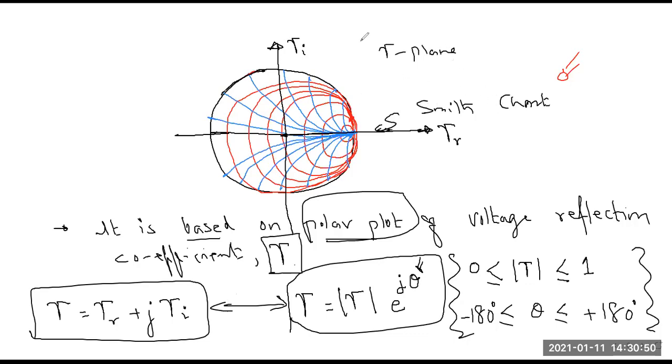The Smith chart is actually plotted on this gamma plane. You have this gamma plane, and on top of that you have a number of circles, and those circles are called the Smith chart. But what is the use of these red circles and blue circles? Right now you may wonder why I'm calling the blue lines circles, but actually they are part of a circle.